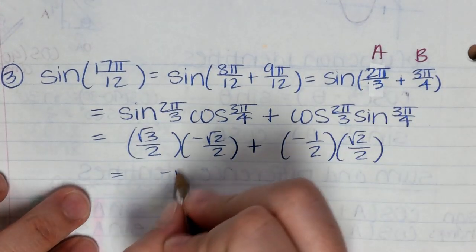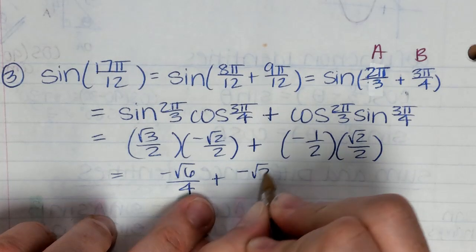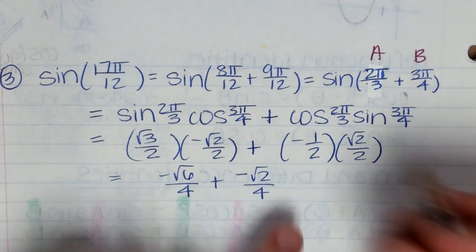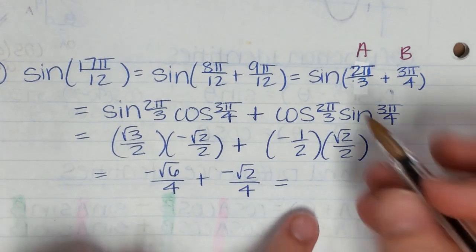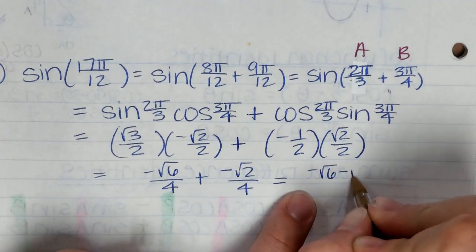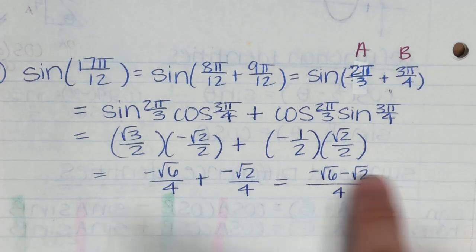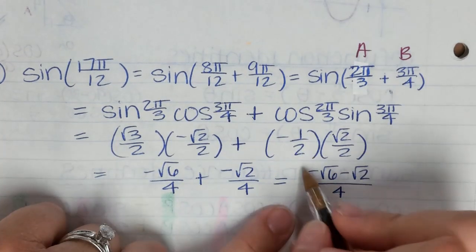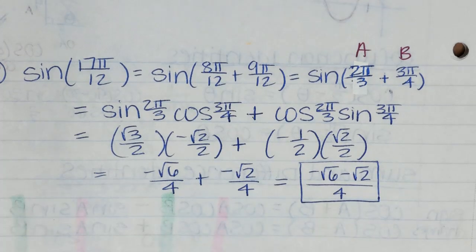Giving us a lovely negative square root of 6 over 4 plus a negative square root of 2 over 4. We already have the common denominator, so we're going to just mush those into one fraction. And we get negative square root of 6 minus square root of 2 all over 4. And again, the order doesn't matter here because those are both negative. So if you wrote negative square root of 2 minus square root of 6, that is also correct.